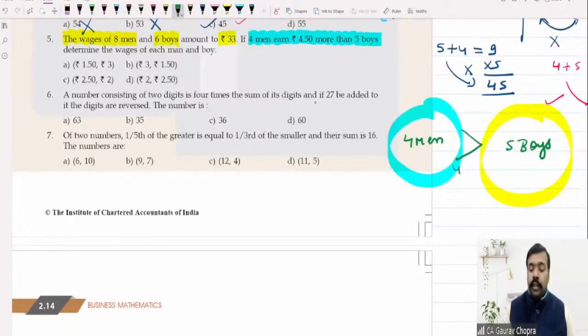How much greater? They earn 4.5 rupees more as compared to the 5 boys. So what we have to determine is the wages of men and the wages of a boy.